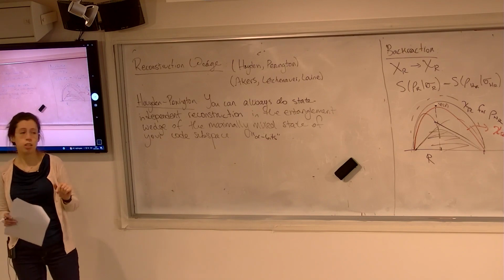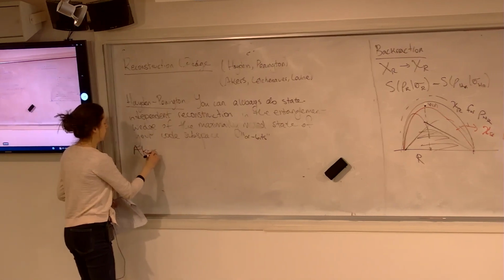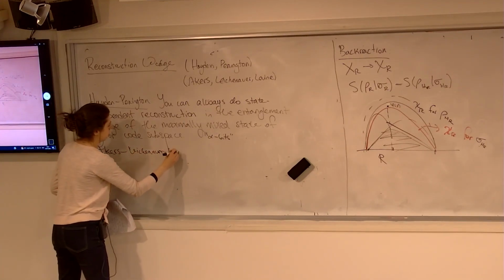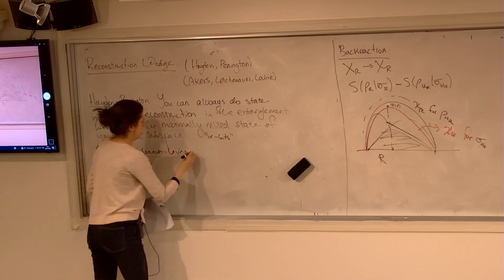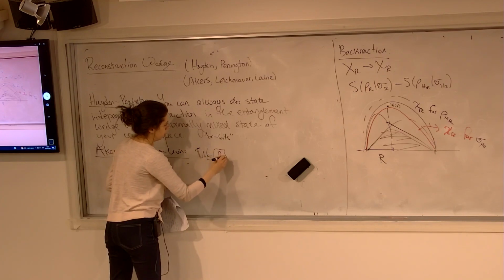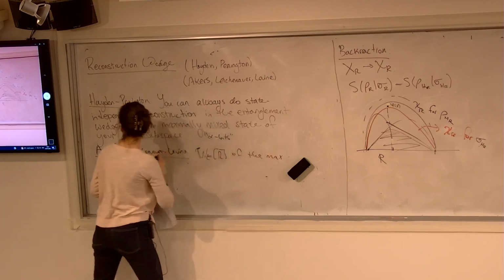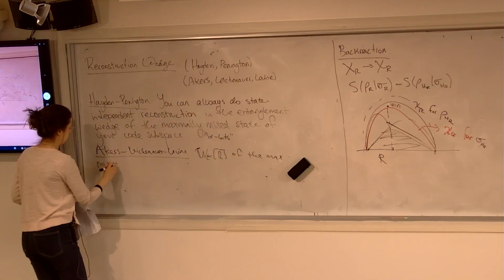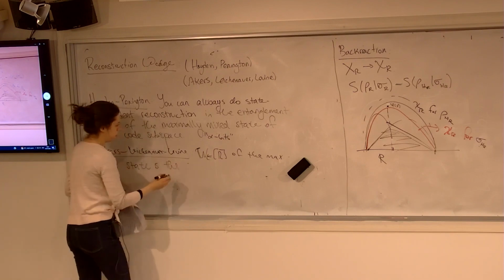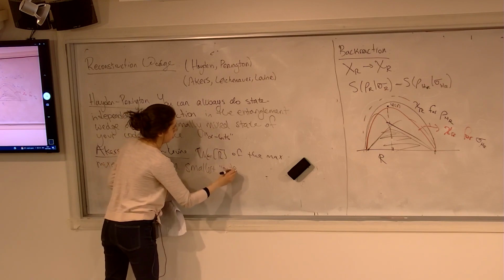Thank you for the segue. This was shown by Akers, Leichenauer, and Levine, that the entanglement wedge of the maximally mixed state is the smallest, outermost entanglement wedge.